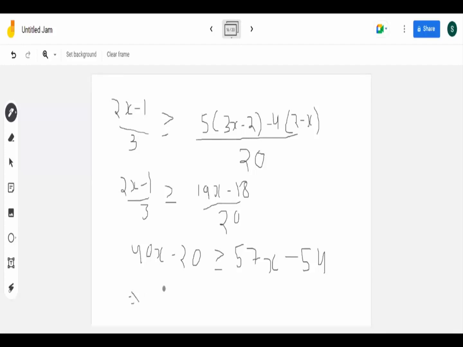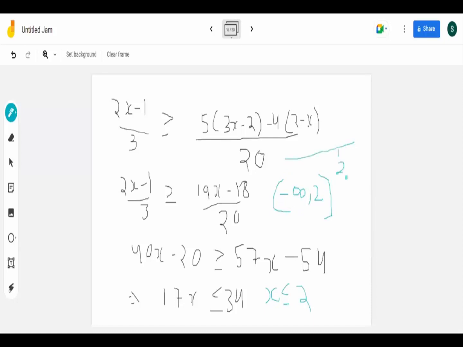This is 17x less than or equal to 34. Divide by 17, we get x is less than or equal to 2. So x will be from minus infinity till 2 including 2, verified by number line.